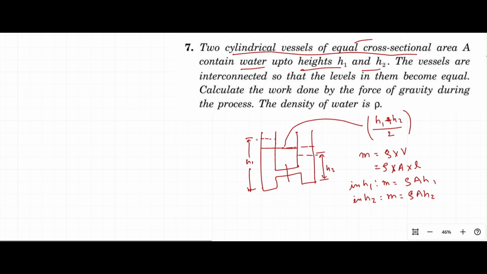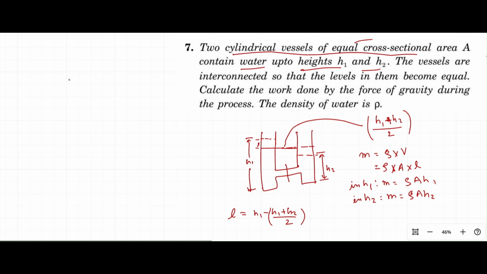We can say that this small height L is equal to H1 minus (H1 plus H2) by 2, because this is the (H1 plus H2) by 2 distance. This is H1, so the drop in height will be that.